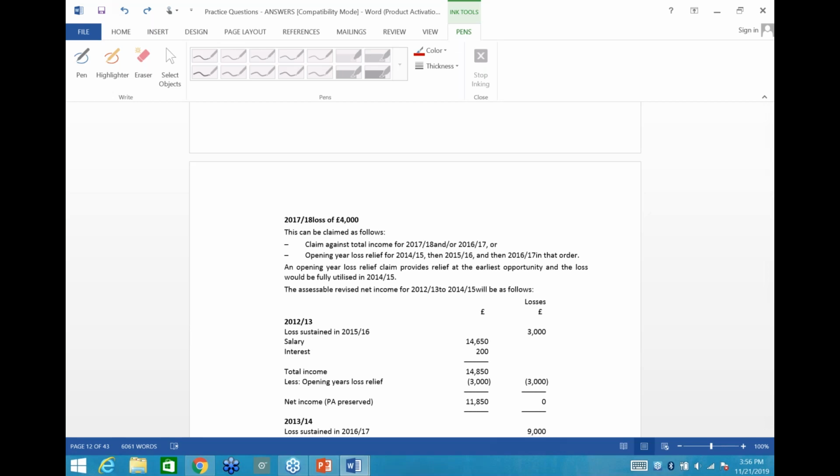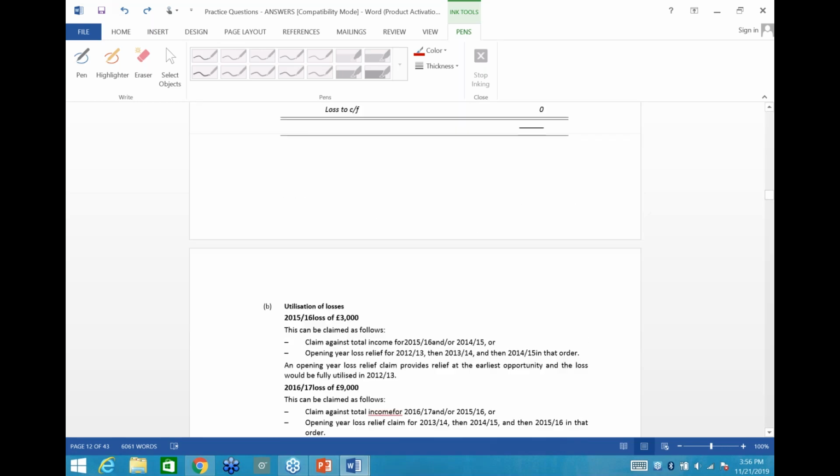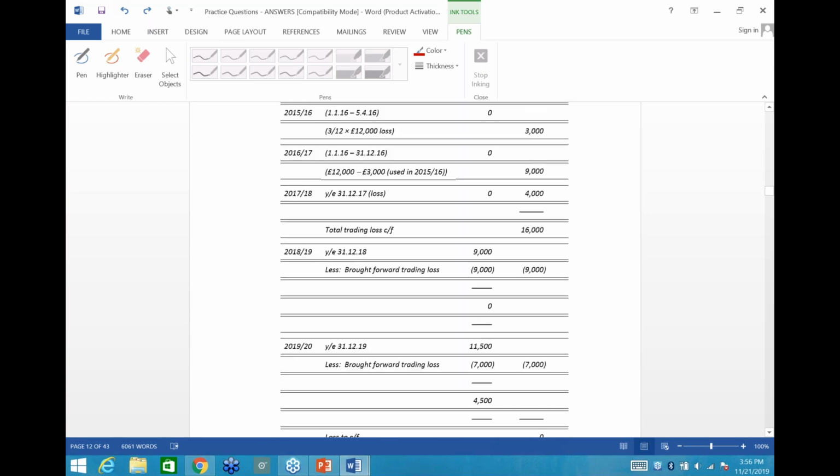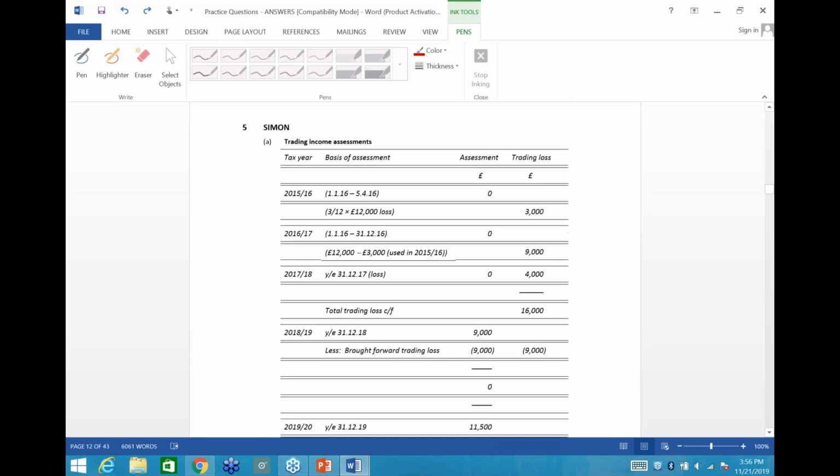How do you identify your first tax year? For that purpose, you need to look at the date of commencement of trading. When do you start trading? 1st of January 2016. 1st of January 2016, you started the business.